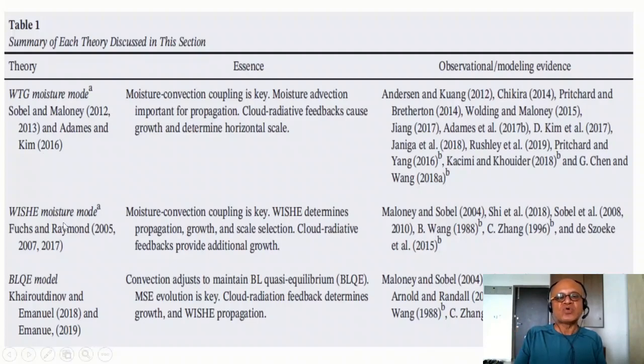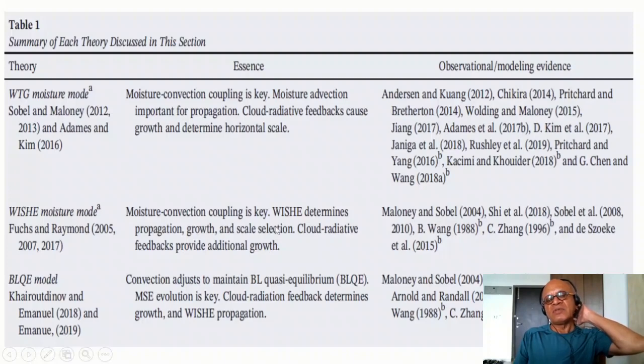The WISHE moisture mode is proposed by Fuchs and Raymond over several papers. Moisture-convection coupling is key here. WISHE determines propagation, growth, and scale selection. Cloud radiative feedbacks provide additional growth.